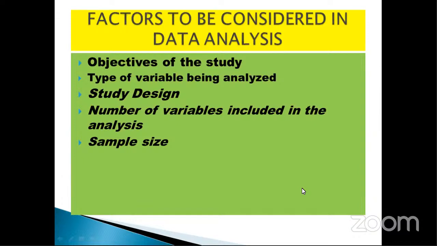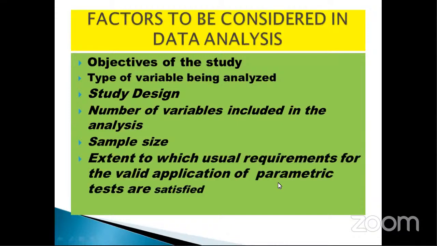Yesterday, your Sir Arman emphasized how to compute for sample size. And take note, in data analysis there is a difference between the t-test and the z-test. For large samples, we use the z-test. For small samples, or not so large samples, you use the t-test.